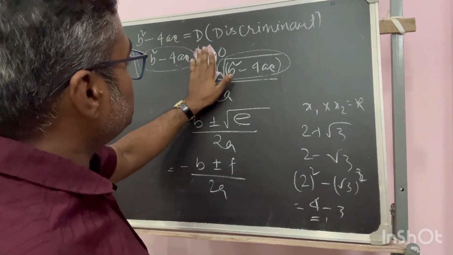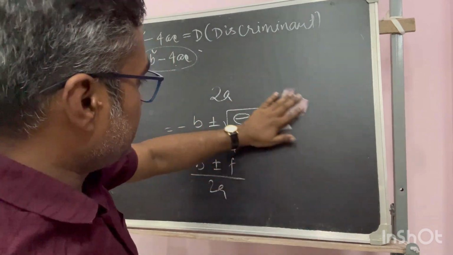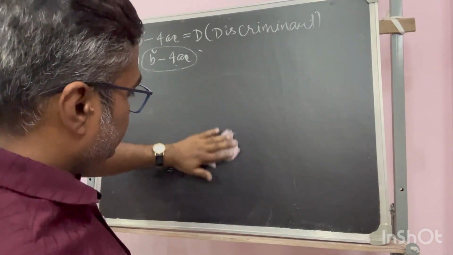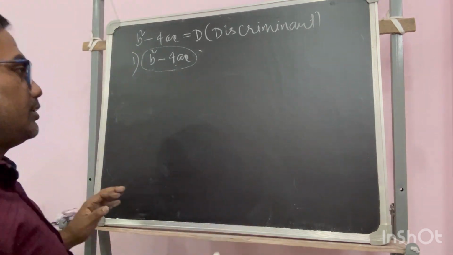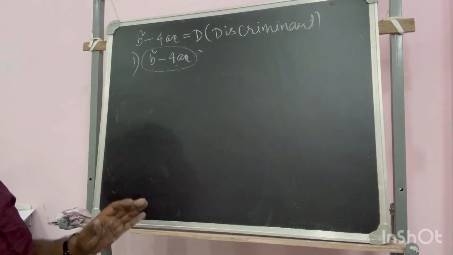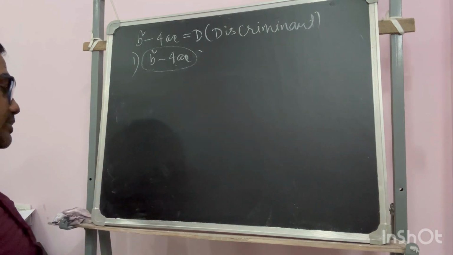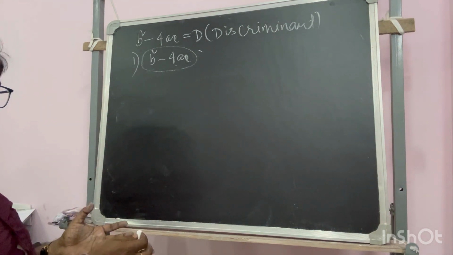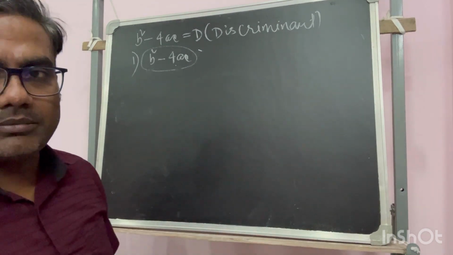Now the third one, which is very important, is what separates the complete real mathematics from imaginary mathematics.